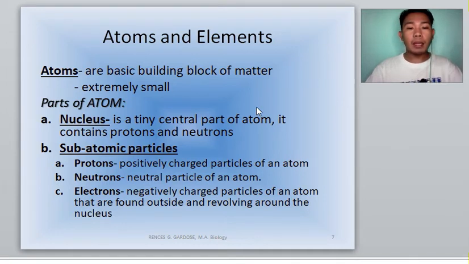Another, we have subatomic particles. These are protons, neutrons, and electrons. These are basic principles. Protons are positively charged particles of an atom. Neutrons are neutral particles of an atom, while electrons are negatively charged particles of an atom. Electrons are found outside and revolving around the nucleus.